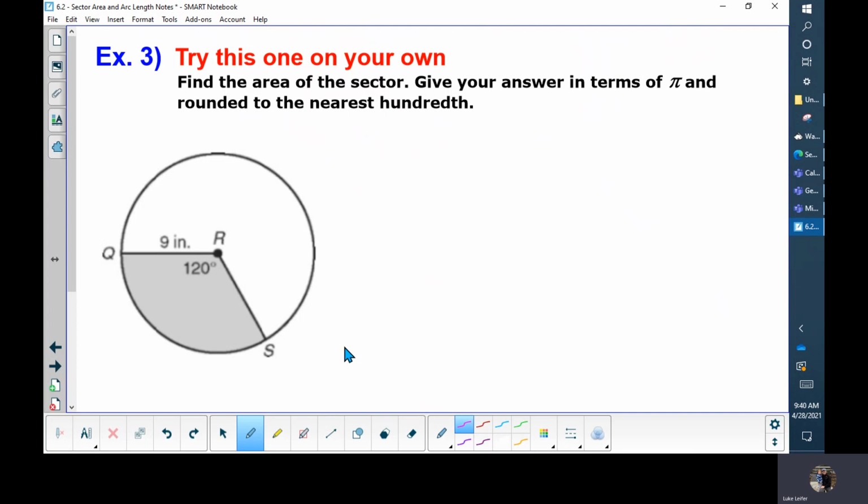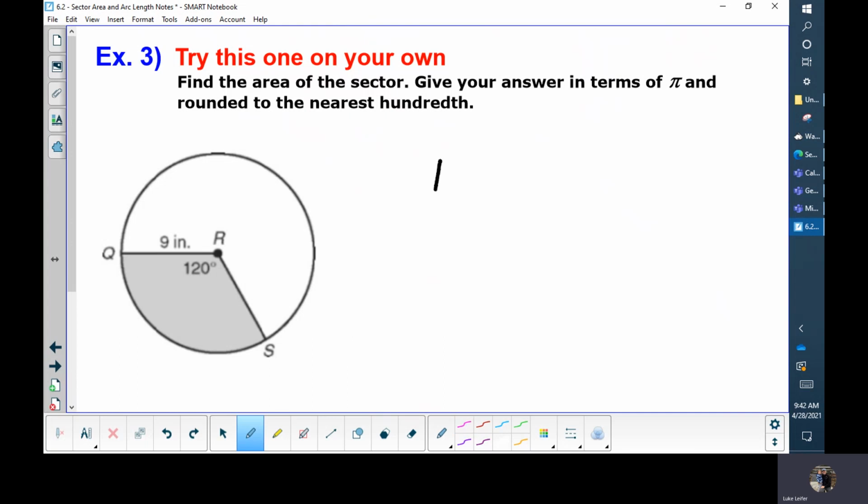You will need a calculator, especially for the approximation. Okay, let's see if you got what I got.